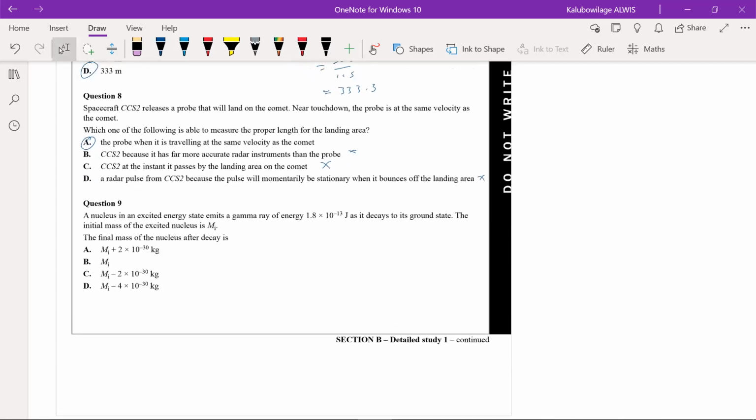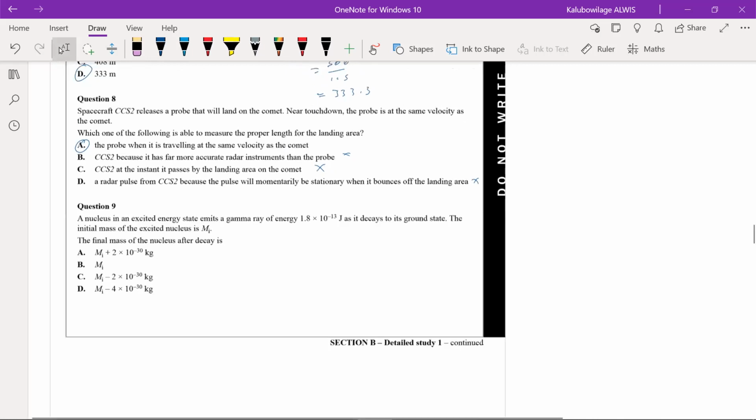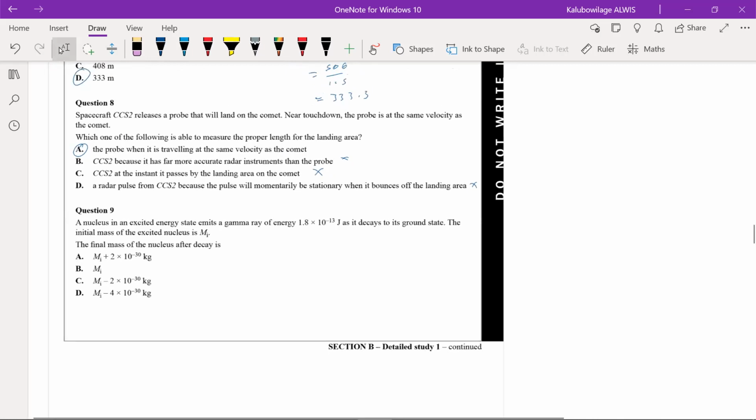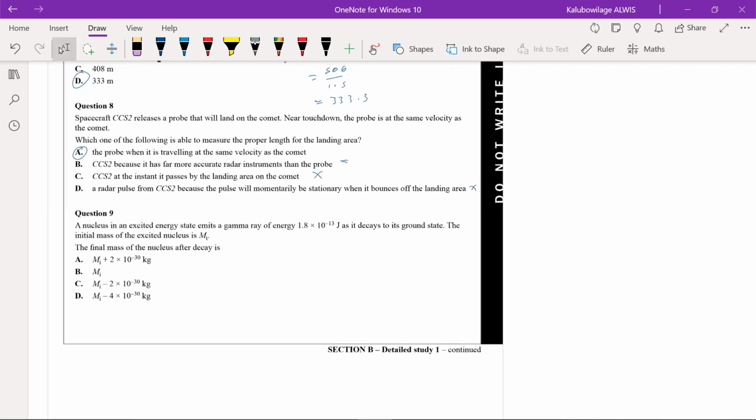A nucleus in an excited state emits a gamma ray of energy 1.8 times 10 to the power negative 13 joules as it decays to its ground state. The initial mass is m_i.